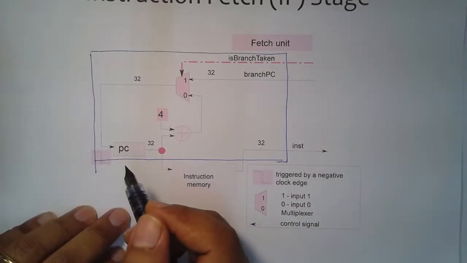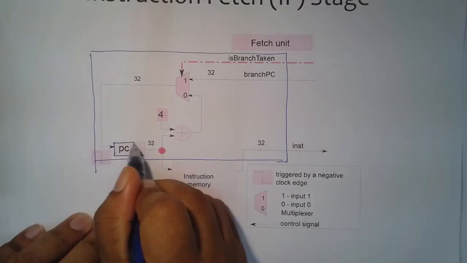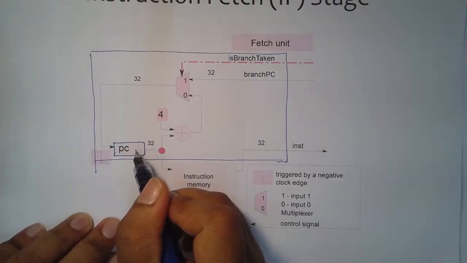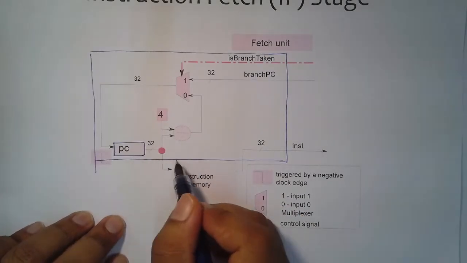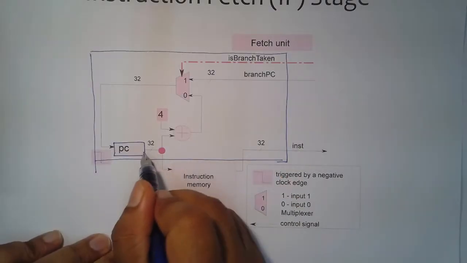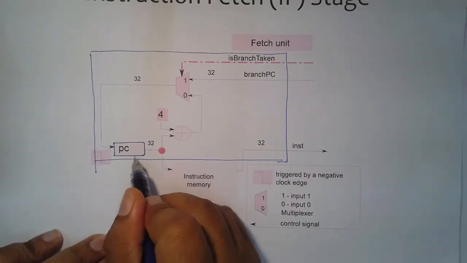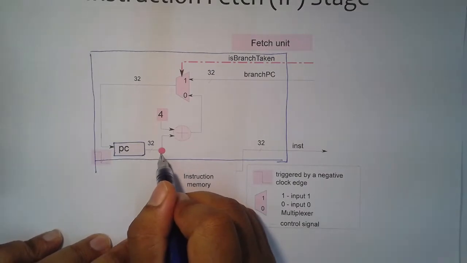It has this program counter. This is a register, the program counter register. What does it contain? It contains the 32-bit address where you can get the next instruction.